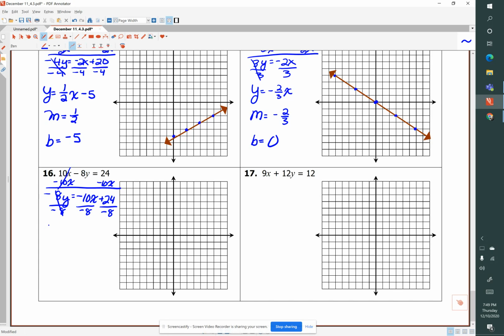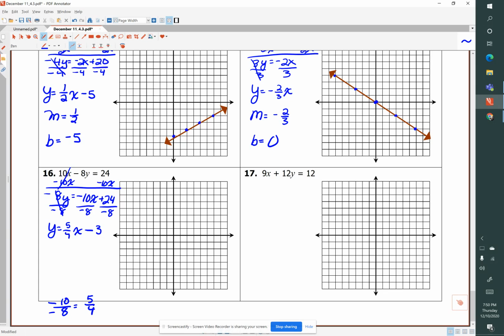Which will leave us with y equals negative divided by negative is a positive. And so if we've got, I'll write down here, negative 10 over 8, negative 8, that would also equal positive 5 over 4. So y equals 5/4 x minus, the positive divided by negative is a negative, minus 3.